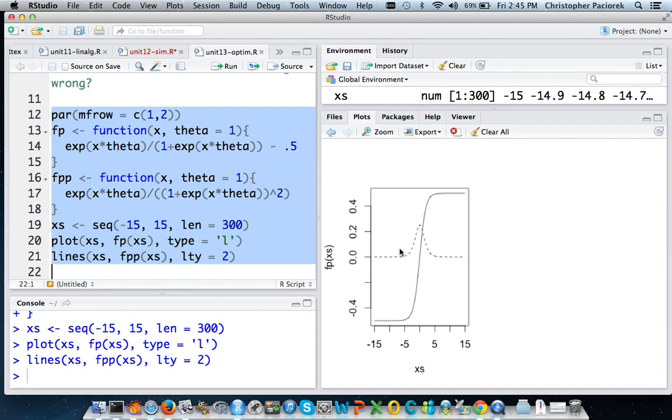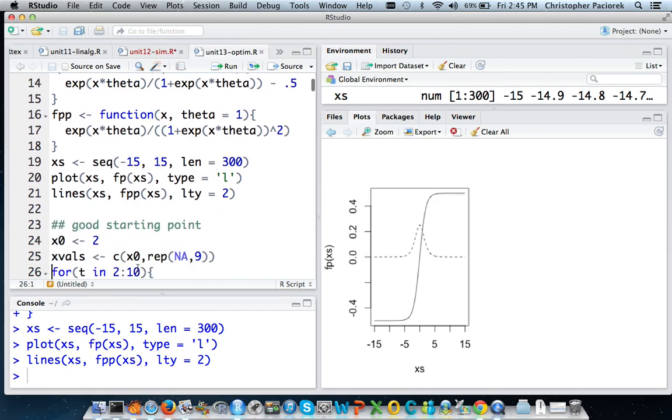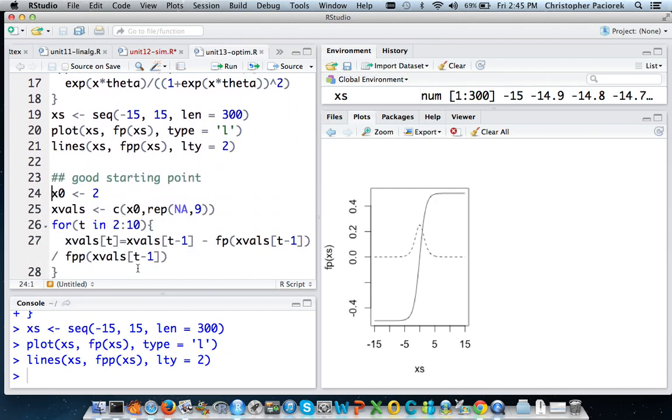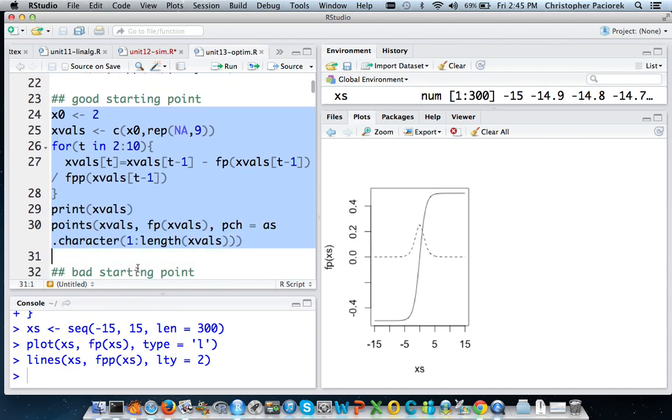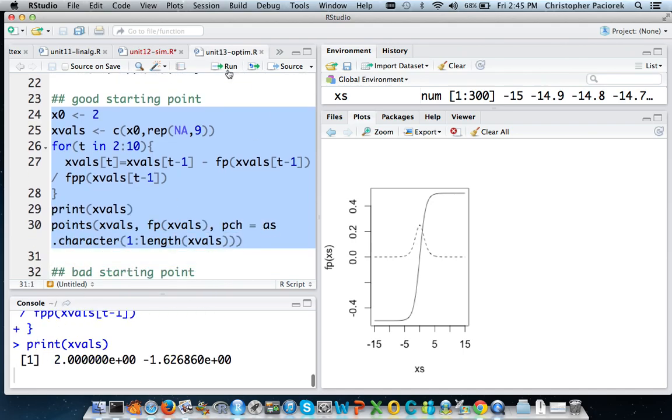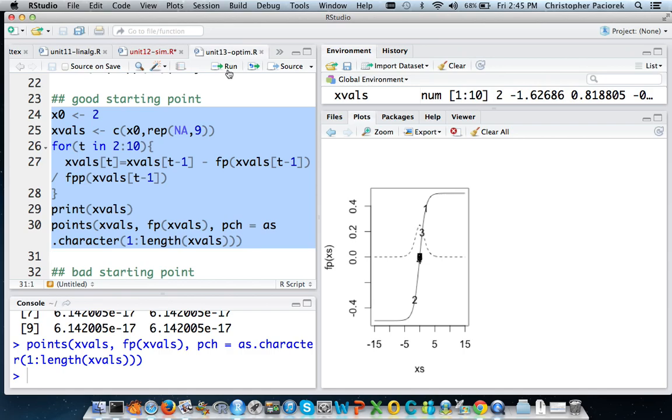What we're going to see is, depending on where we start, we end up in different places. If I started at x0 equals 2, then I go to x1, then x2, then x3, then x4, and then I converge here. Those are the steps of the iterations, and that's if I started at this point here.